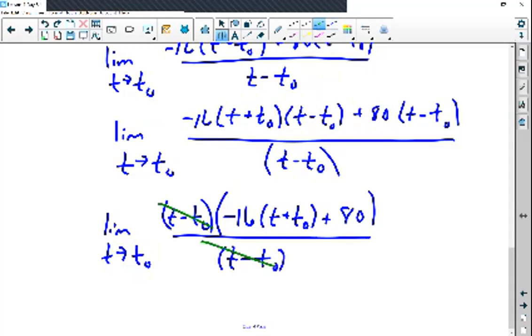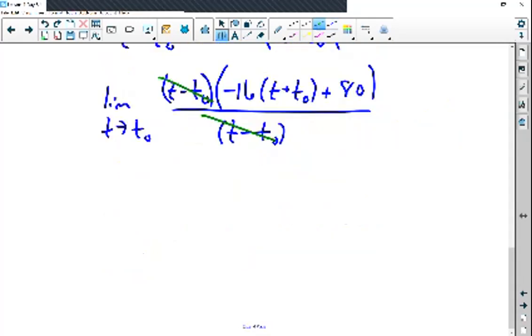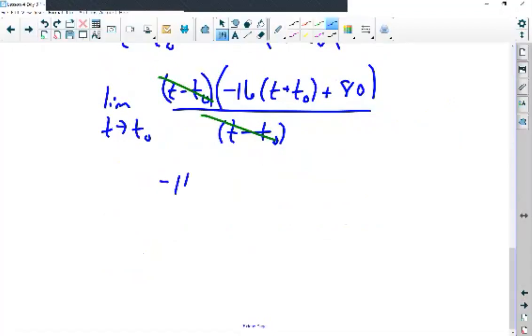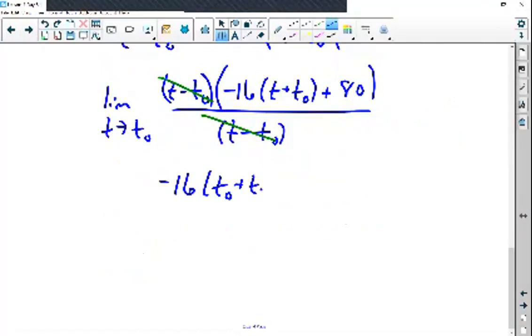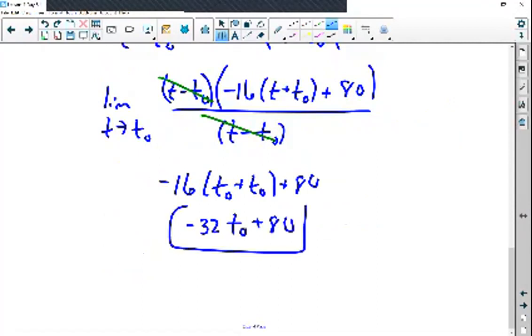The common factor cancels out. And now if I plug in t sub 0 for t, I get negative 16 times t sub 0 plus t sub 0, plus 80, which would be negative 32 t sub 0 plus 80. So that's the instantaneous rate of change at any time t sub 0.